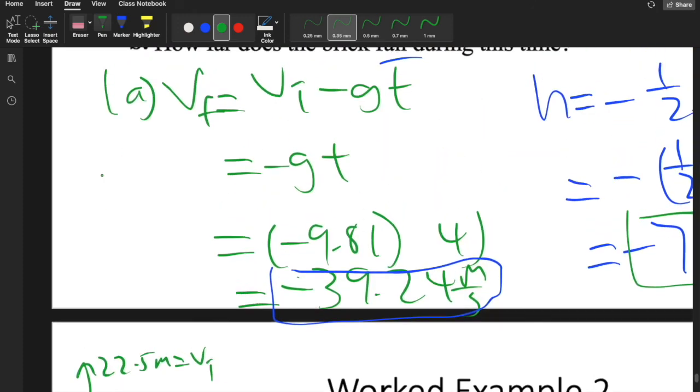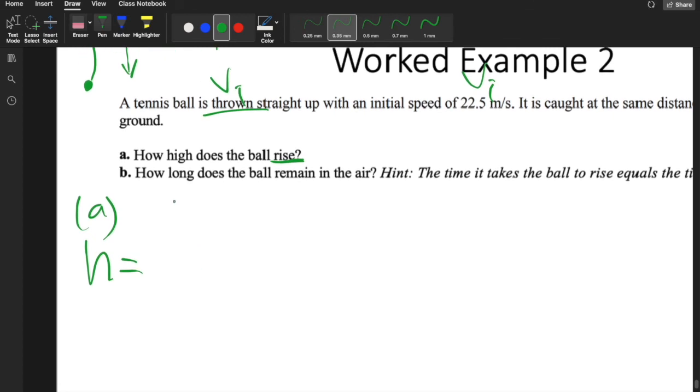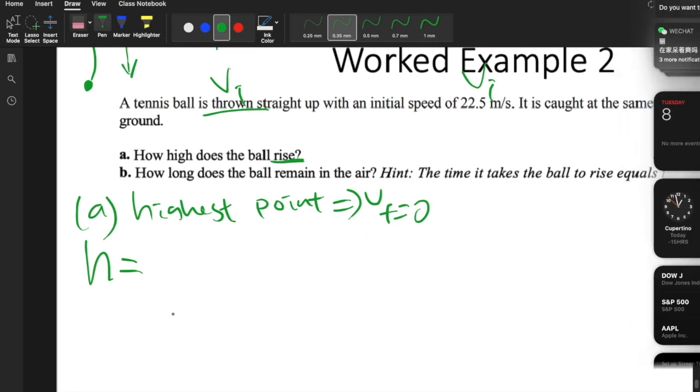And then you need to know the ball will reach its highest point here, and then it's gonna come down, right? So highest point means the final velocity is equal to 0, right? So how can we solve the problem?